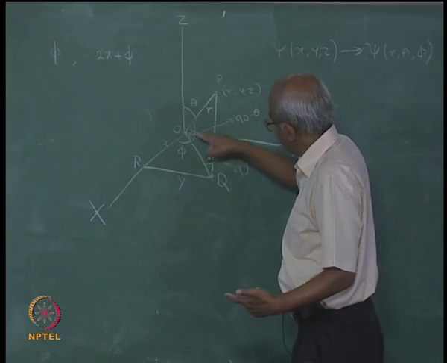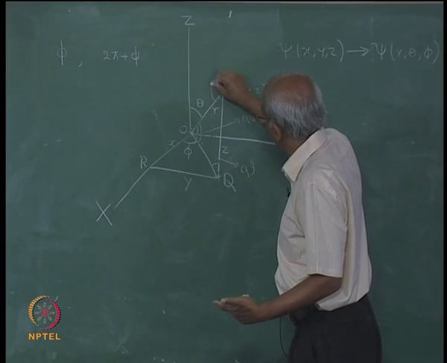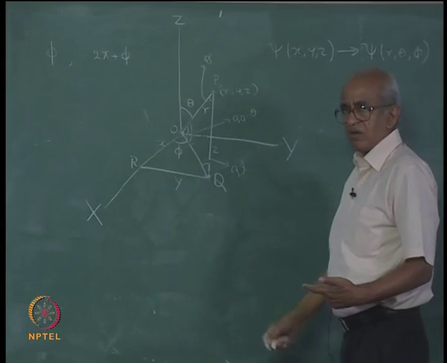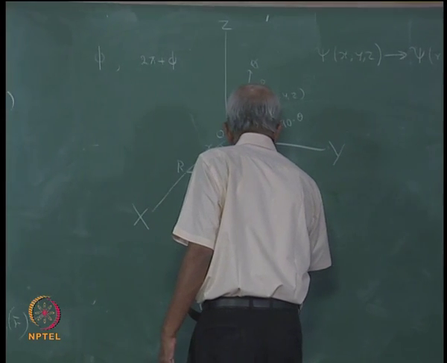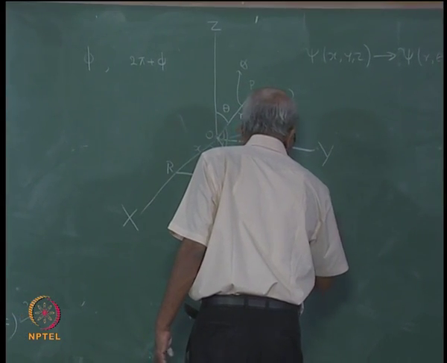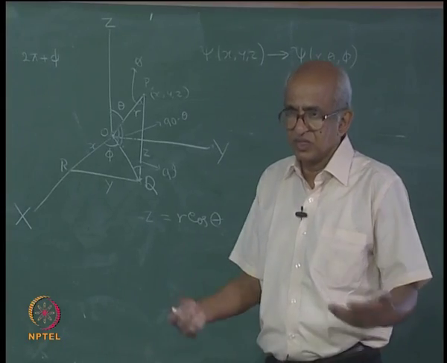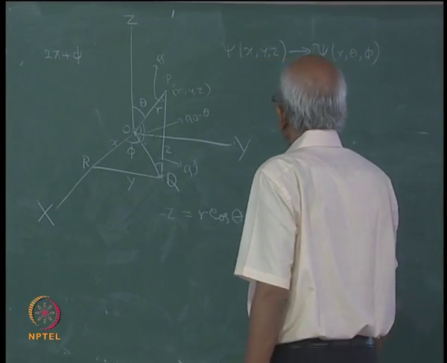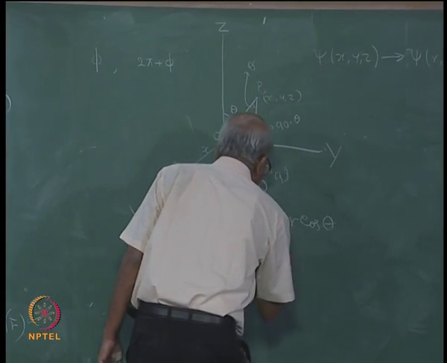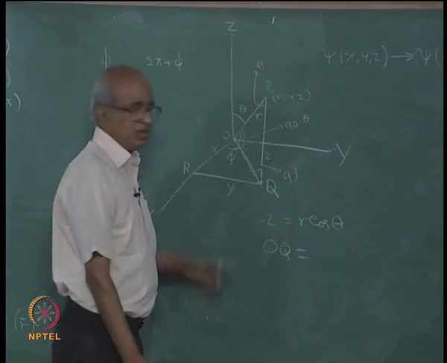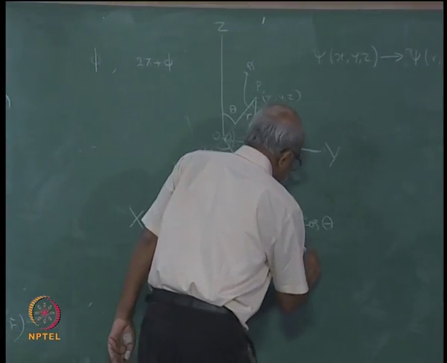And if this angle is 90 minus theta, this is 90 degrees, then naturally this angle has to be equal to theta, correct. And therefore, you can immediately say that Z must be equal to r cos theta. Correct. You are just making use of simple trigonometry. And how much should be this length? OQ should be how much? That is the other side of the right angle triangle. It must be equal to r sin theta.